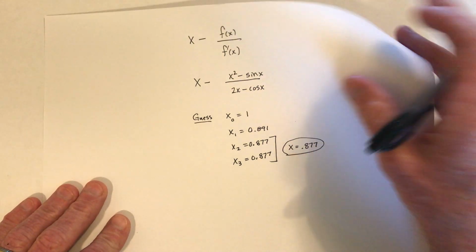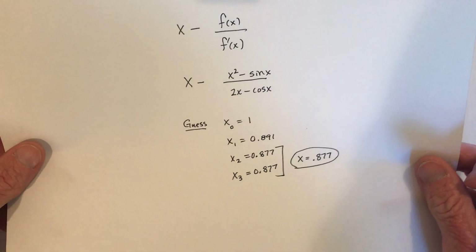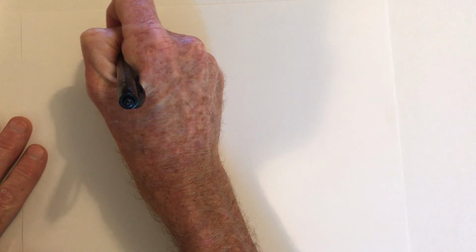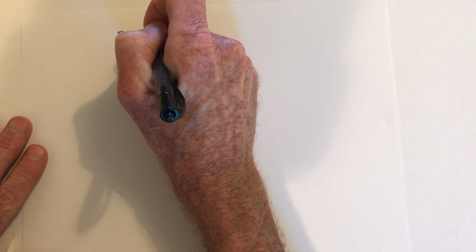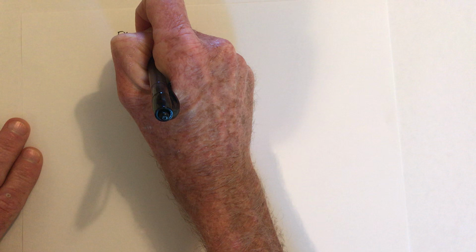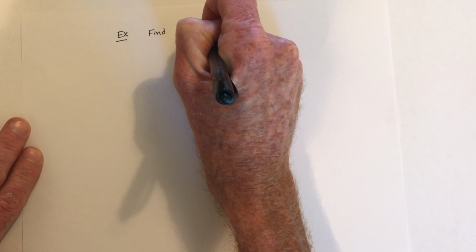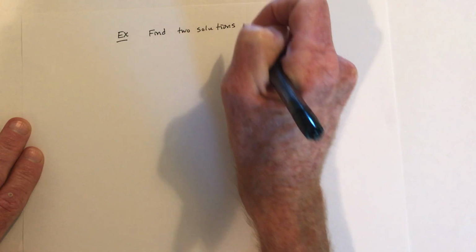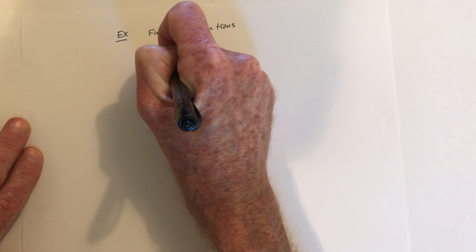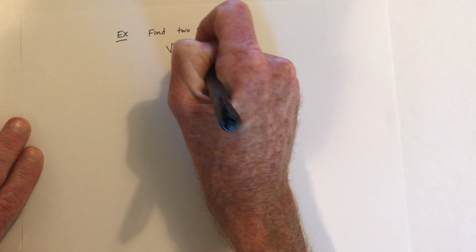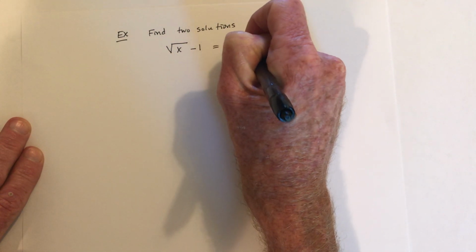Okay, so now, without all of the theory and such, let's do one more example. Find two solutions for the square root of x minus 1 equals the natural log of x.